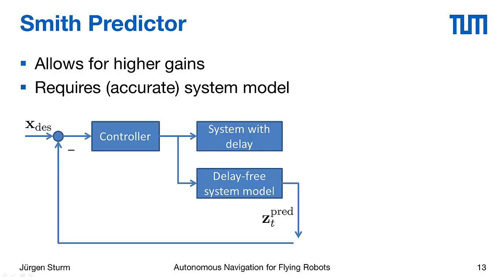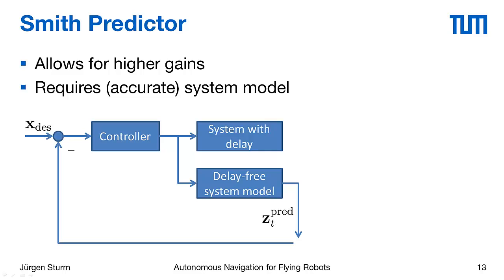Again, we have a controller that compares the current state or the current predicted state with the desired state, and then generates a control signal that we feed into the system that has a certain delay. But instead of sensing the output of the system, we have a delay-free system model that we calibrated and that we think is as accurate as possible to model our real system.